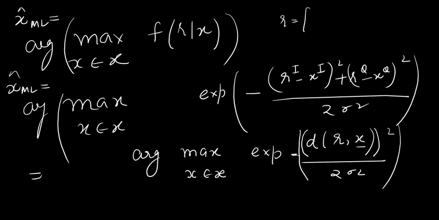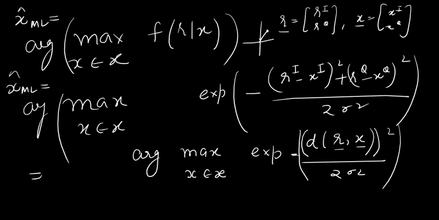R is Ri, Rq, and x is xi, xq. So what is the distance between r and x, under root of this? A norm is for one vector, but there are two things here, r and x. This is one vector and this is another vector; what is the distance between them?